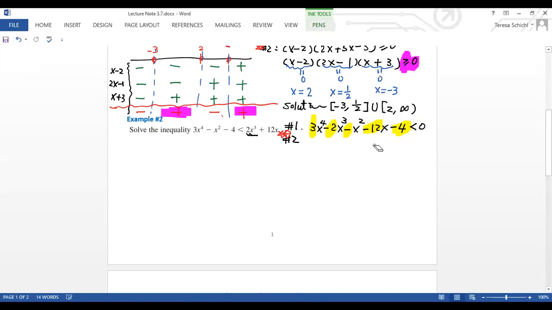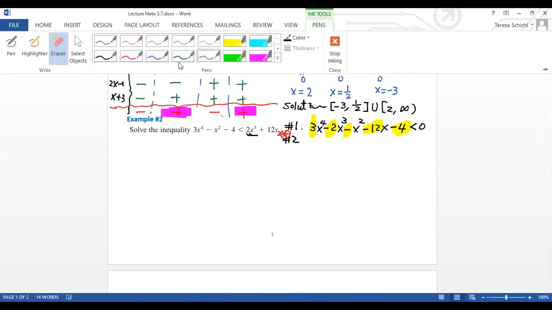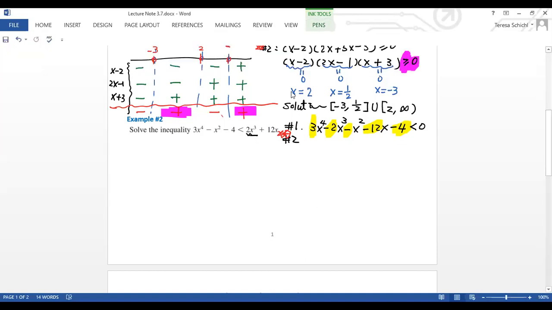Okay, so let's take a look here. Let's try to see if I can do it by 2. So this is 3, -2, -1, -12, -4. Here is your x to the fourth, right?